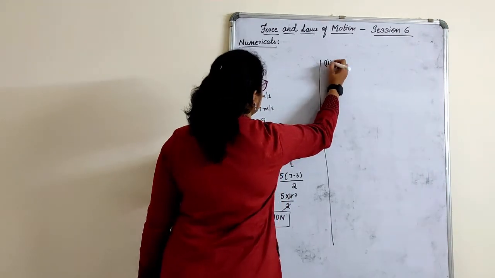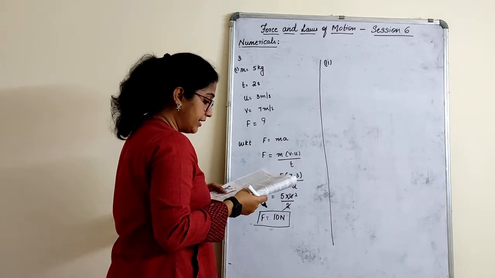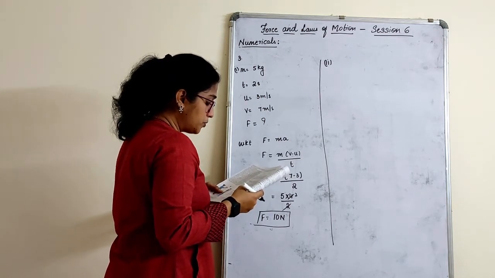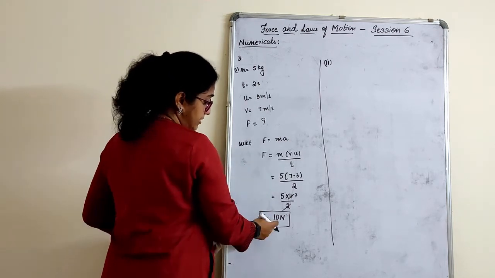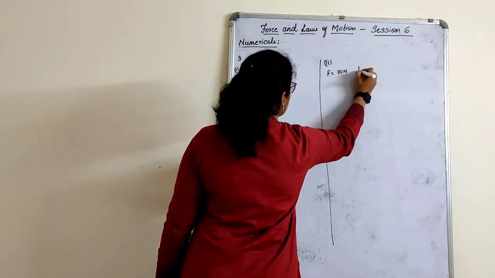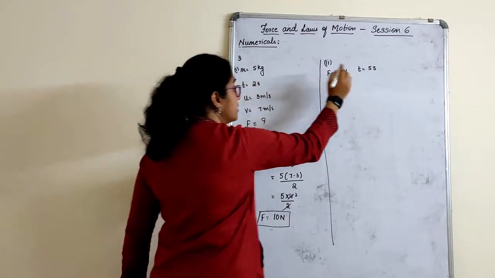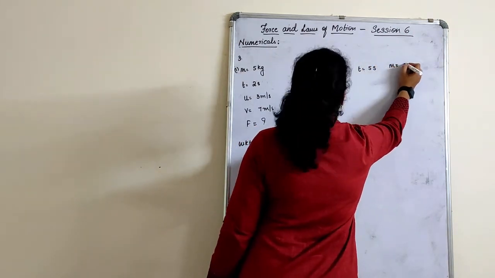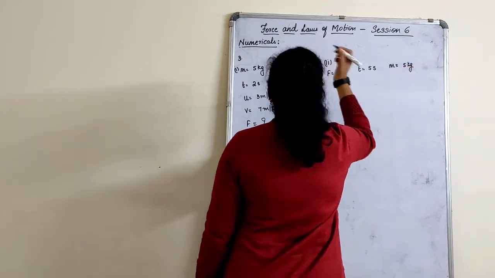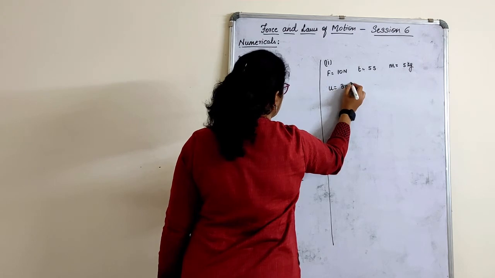The second part, now what they are asking here is, find the magnitude of the force applied. We have done. Now if the force was applied for the duration of 5 seconds, this force, that is 10 Newton, was applied for 5 seconds on the same object of mass 5 kg, which is moving with the initial velocity of 3 meters per second.